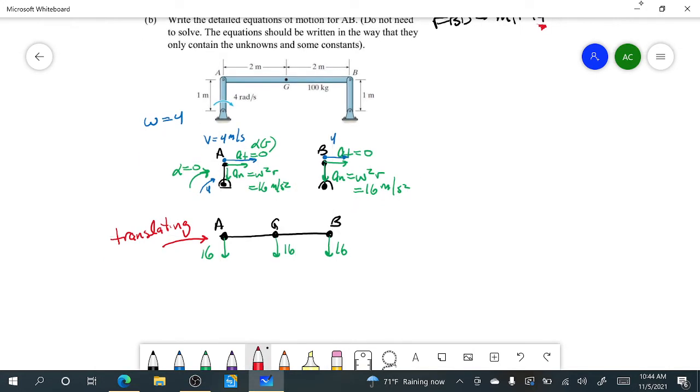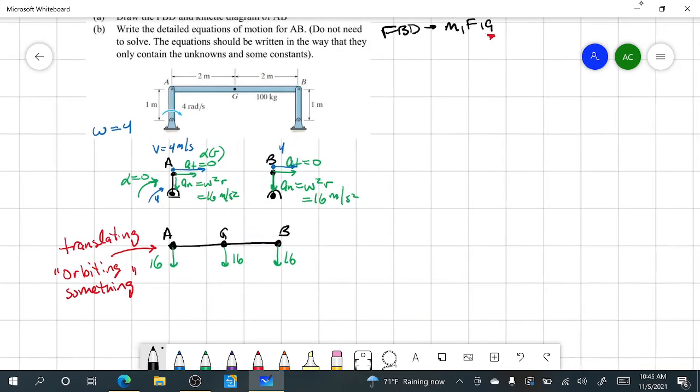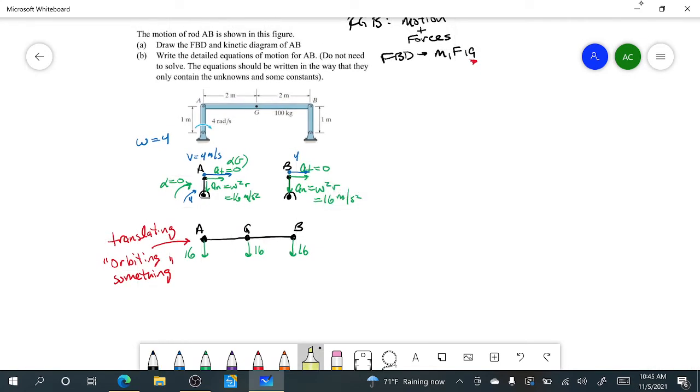So it's translating, and I'm just going to say it's orbiting something. When I say orbiting, I mean that it's holding the same orientation, but it's moving at an angle. That's the kind of situation we're looking for here, and it's super important that it's orbiting, because we're going to need that when it comes down to our free body diagram.